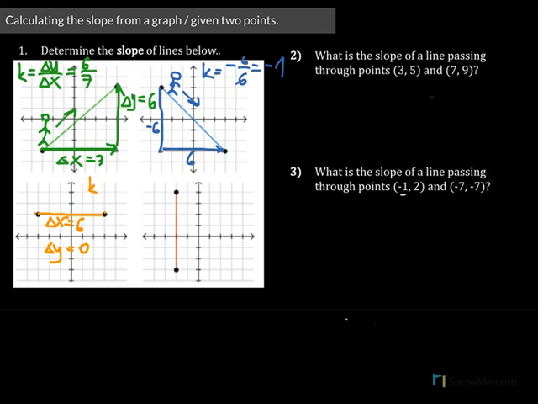So the slope would be 0 over 6, and that's just 0. And this would be the case for any horizontal lines. Horizontal lines have 0 slope.